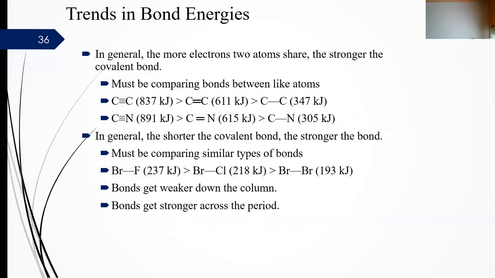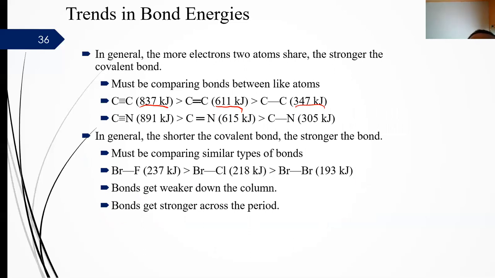In general, the more electrons the two atoms share, the stronger that bond is. And so when we compare bond energies, the triple bond takes more energy to separate than the double bond, than the single bond. And that doesn't matter whether it's between carbons or whether it's the carbon and the nitrogen, that trend stays true.